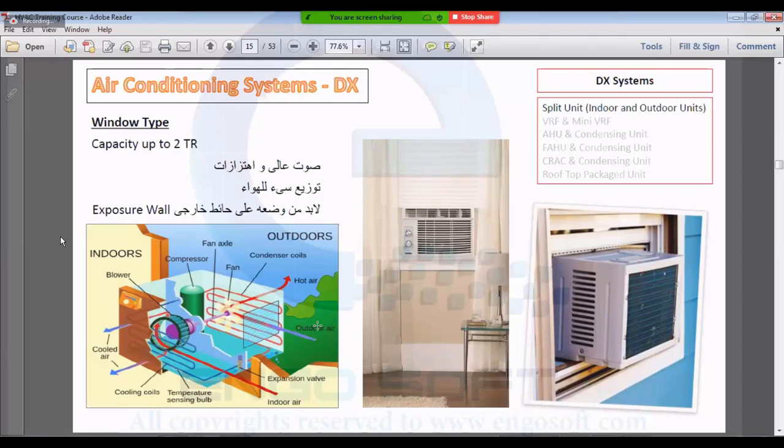But what are the disadvantages? You have to make space for this unit. You have to cut your wall for this huge volume. It also makes the building look ugly.